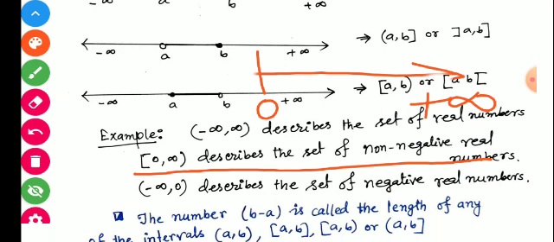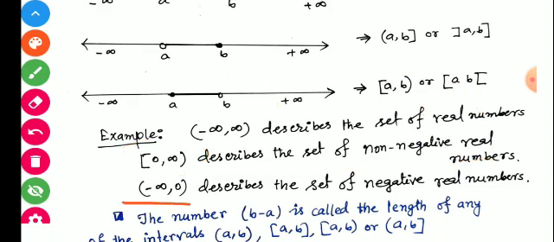Including 0, all these numbers are positive, and 0 is not a positive number. So only the negative numbers are removed. This is called the non-negative real numbers.